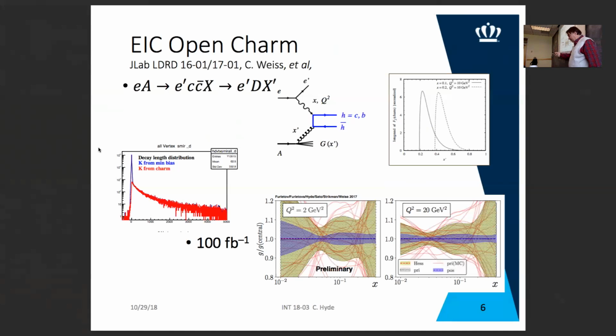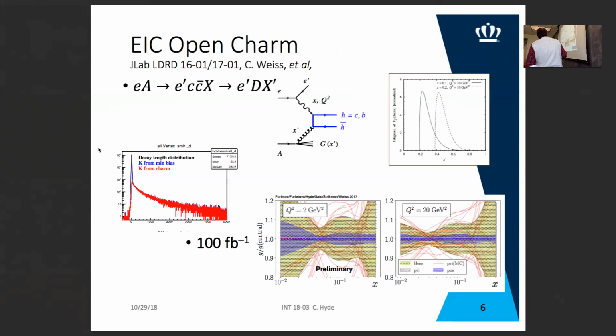So you can very much measure the gluon momentum fraction. The isolation of the D meson is a combination of particle ID, looking at the kaon decay channels, and the vertex reconstruction.